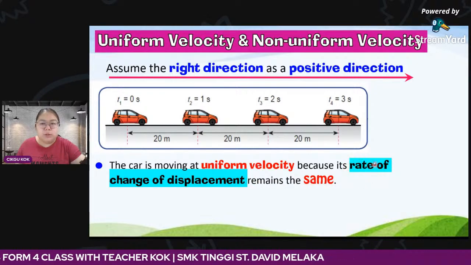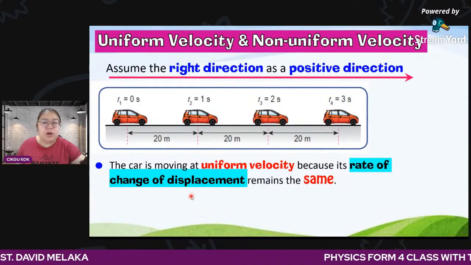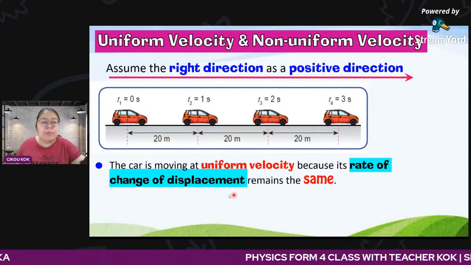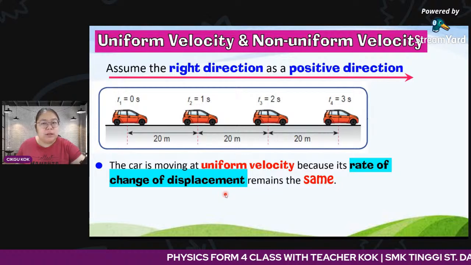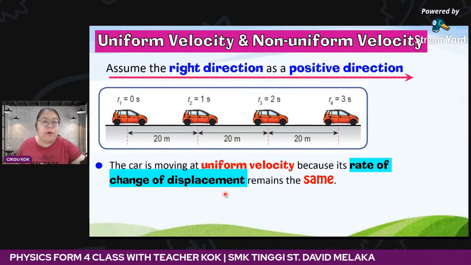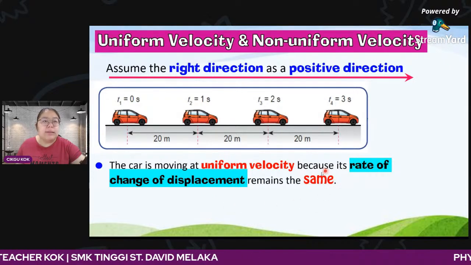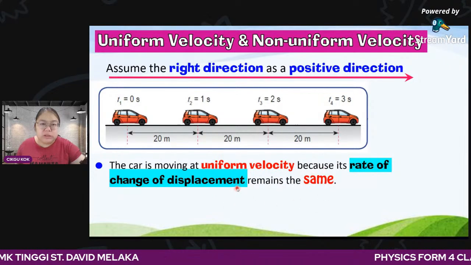You need to see the keyword I highlighted in blue, rate of change of displacement. So if displacement changes uniformly with time, that is uniform. This blue phrase I highlighted is the meaning of velocity.